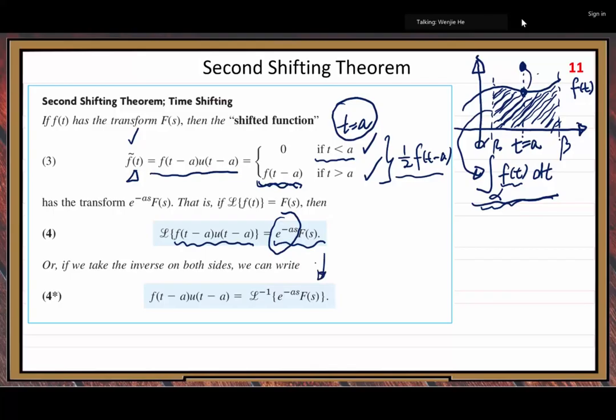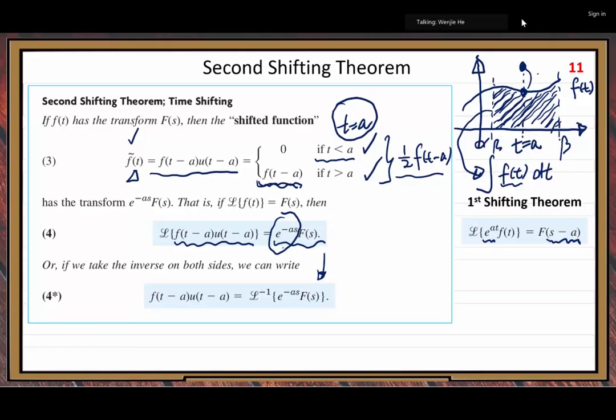Then let me copy the first shifting theorem aside so you can do the comparison. The first shifting theorem also has two formulas, one Laplace transform and one inverse. You can see the shift appears at the capital F side, and at the little f side you multiply by e to the at function.